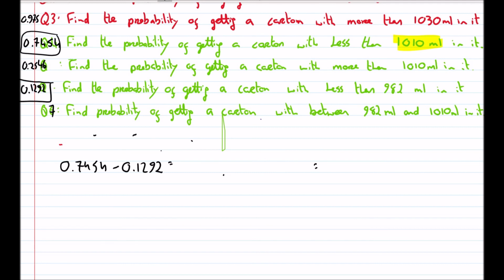Take them away from each other: 0.7454 minus 0.1292 gives us 0.6162. So that is the probability of getting a carton of milk with between 982 milliliters and 1010 milliliters in it. Okay, so 0.6162.